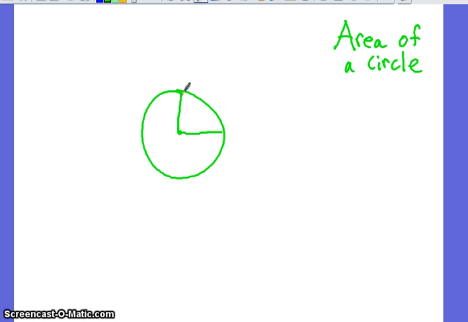All right, and for the area of a circle, if I turn this into a square, I know it looks like a rectangle because I didn't draw it straight, but notice that parts of it go on the outside of the circle. It doesn't quite fit. So I can't divide my circle up into 4 squares because then I would be outside of the circle.